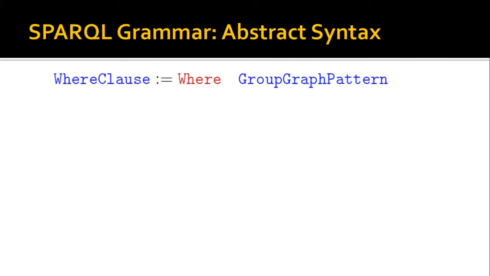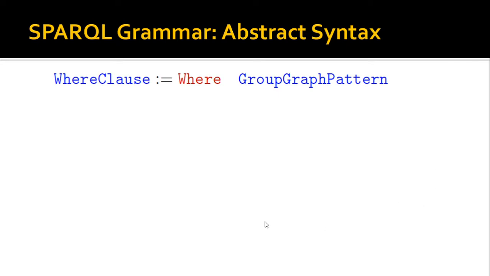Now, coming to the language level processing of the SPARQL query, as we have mentioned earlier, we have to have a grammar. So let us talk about the grammar. The main component of our query is a where clause. So let us talk about the where clause.